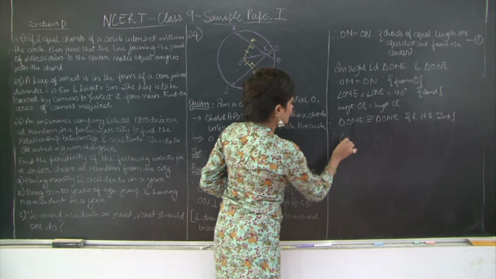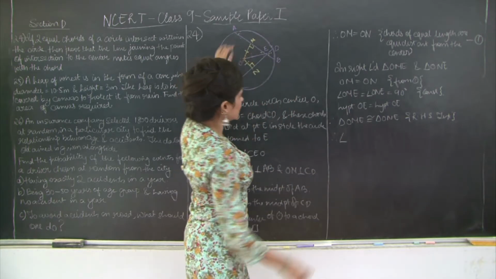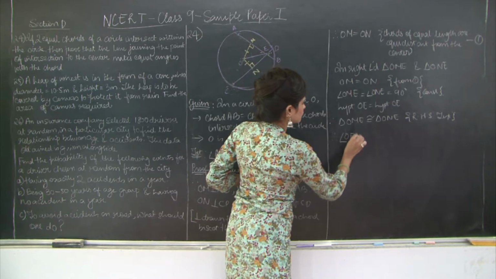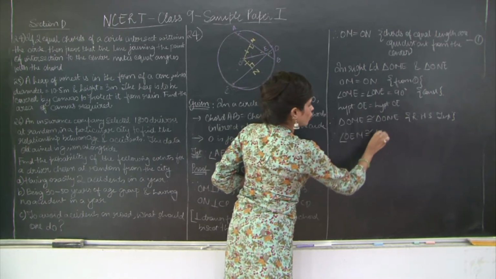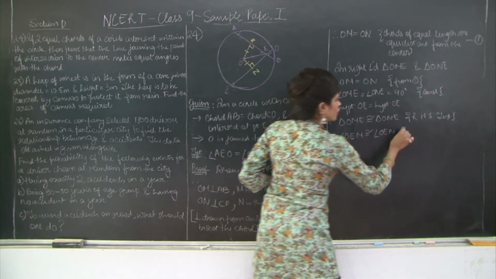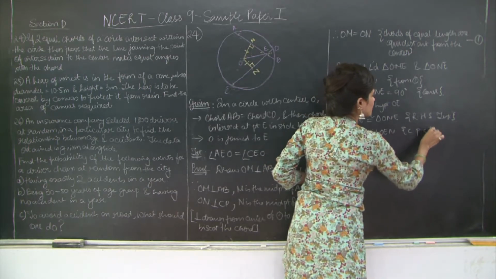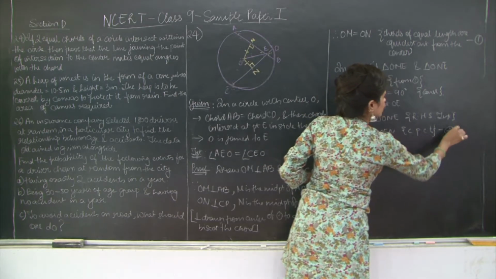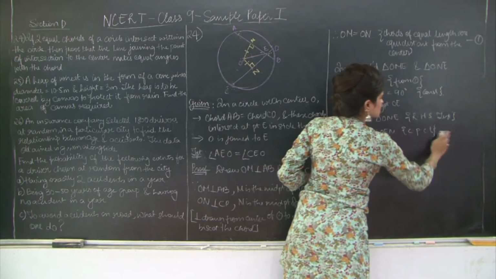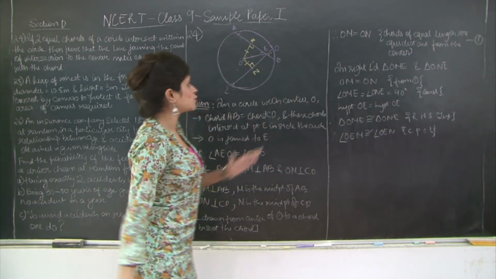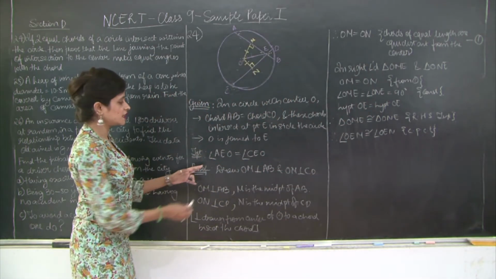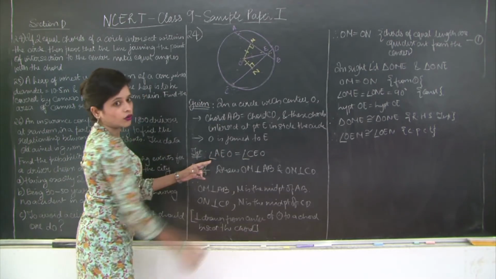Therefore, I have angle OEM is congruent to angle OEN by corresponding parts of congruent triangles or CPCT. Let me mark this as 2, or rather just CPCT. But which two angles do we need to prove equal? AEO and CEO.